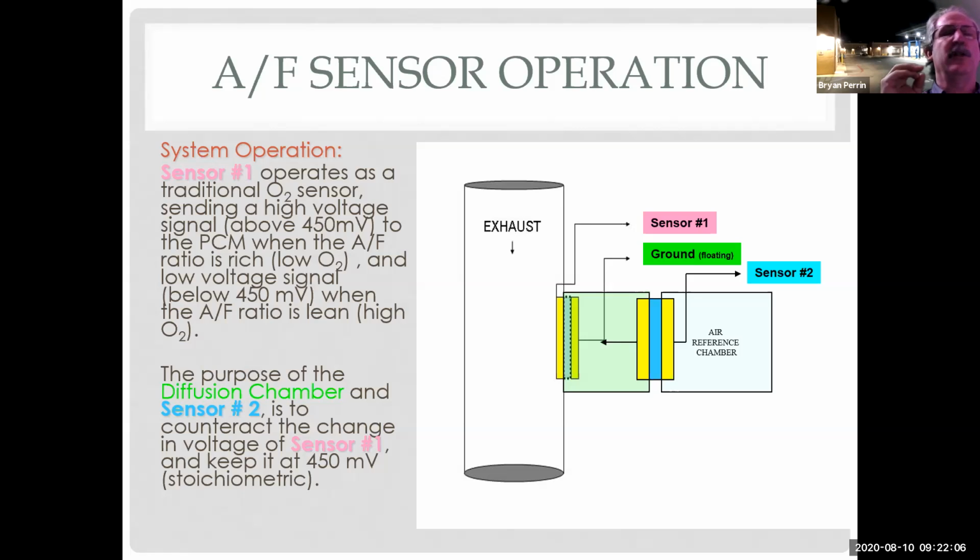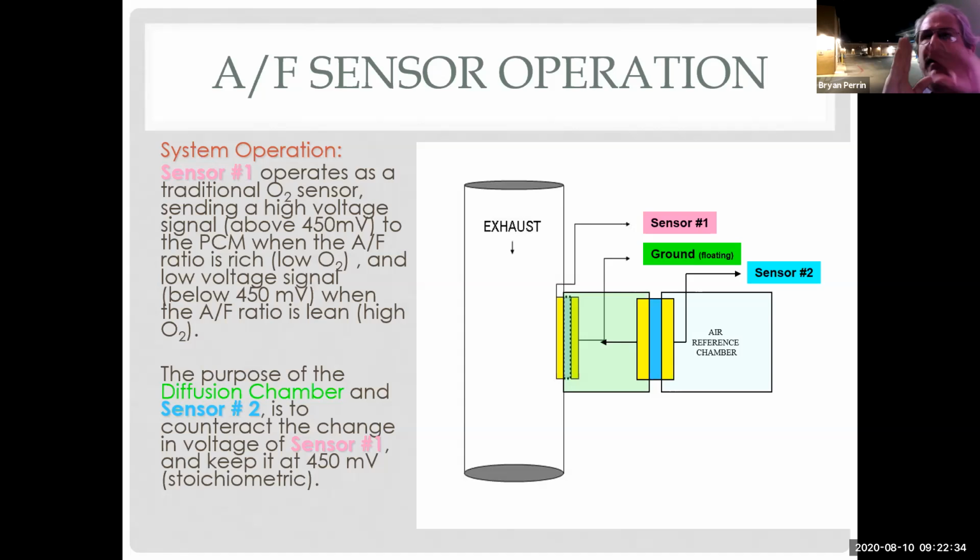And what we're going to do is measure the amount of effort required to keep it at 450 millivolts. That effort required is what allows me to see that much wider air-fuel ratio range of 10:1 up to 23:1, because now I'm just measuring how much force I'm applying or how many oxygen ions I'm flowing in order to keep that at 450 this way. And oh, we switched direction, I need to keep it this way.